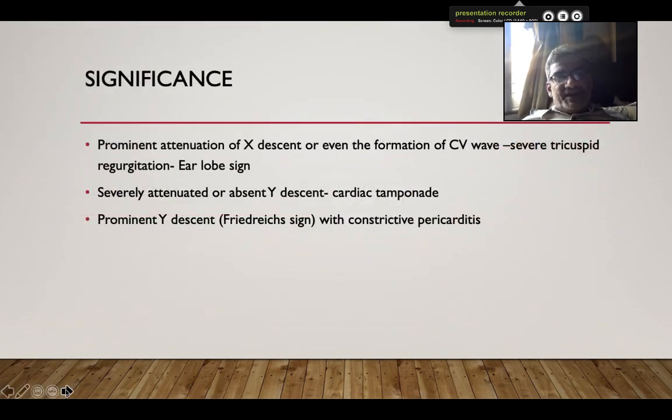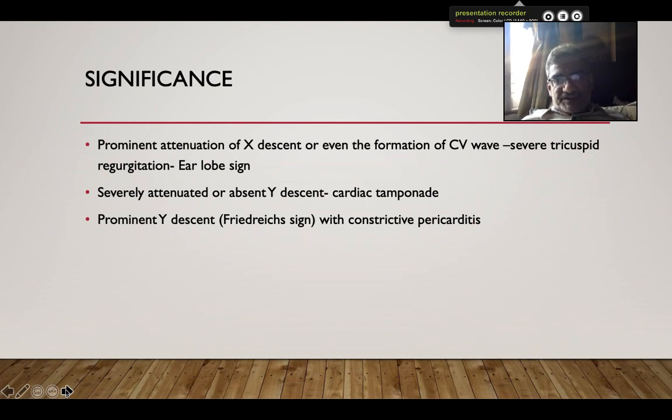So what is the pathological significance or the disease implications of the waveforms? I have already talked about the A wave being absent and A wave being prominent, what are known as the Canon A waves. Then there is prominent attenuation of X descent or even the formation of a CV wave. So the X descent almost becomes absent and there is one big positive wave.